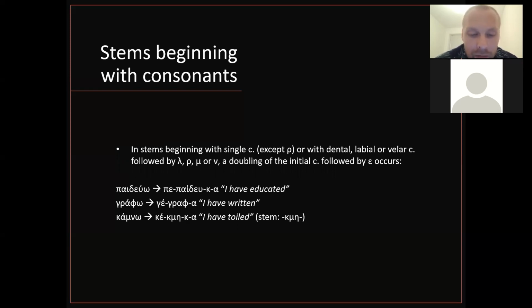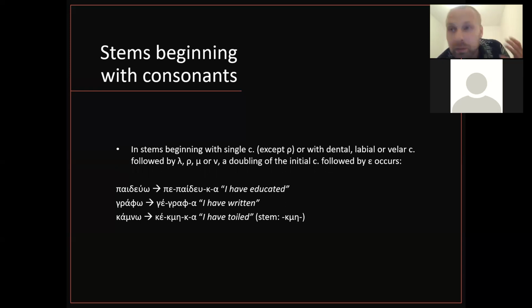And grapho, where the root begins with a velar followed by a rho, becomes gegrapha. And kamno, I toil, becomes kekmeka, because here the verb root is actually kme. That is, we have a velar followed by a nasal in the beginning of the root or stem in this case.